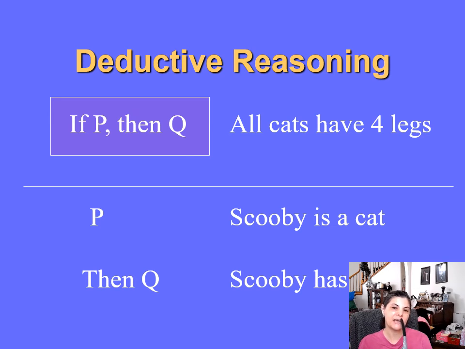So if Scooby's a cat, he has 4 legs, because we've proven that all cats have 4 legs. If that does not make sense to you, that is okay. As long as you know the other examples I've provided, that is going to get you through deductive reasoning. But you can Google it, deductive reasoning, and find a lot of interesting examples.